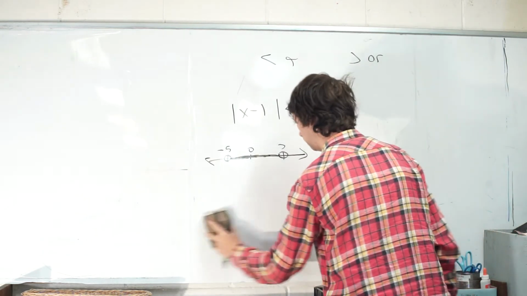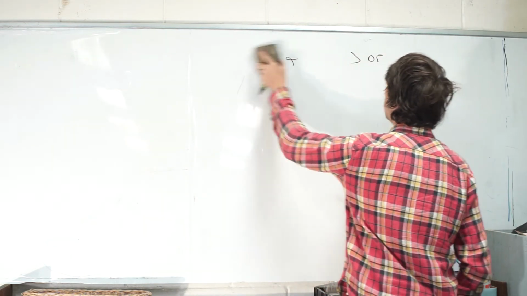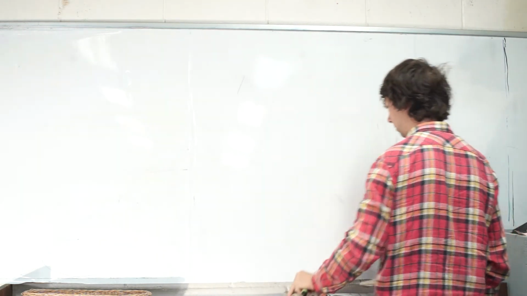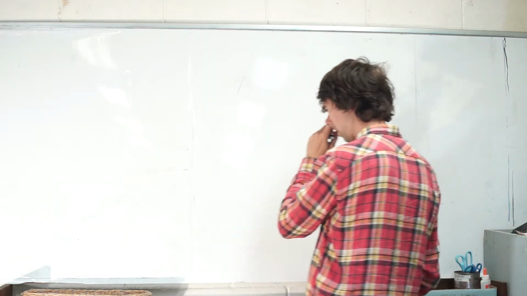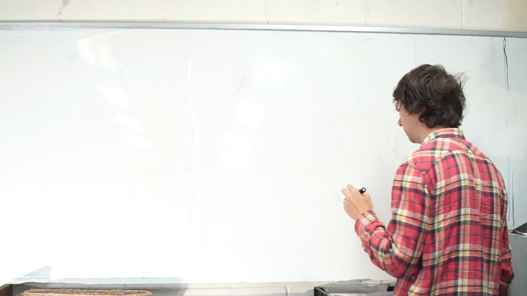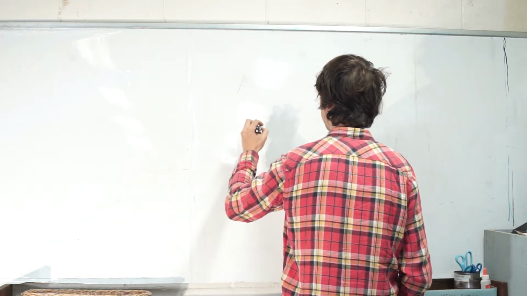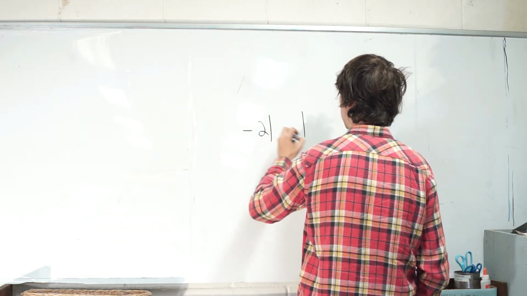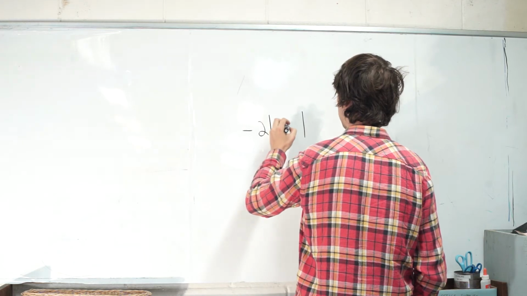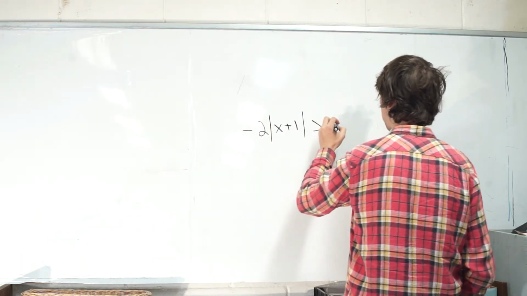Okay? Now, that's all pretty straightforward. I think if you remember how to solve your absolute value equations, solving your absolute value inequalities should be basically identical. The caveat here is that when you get more complicated equations, and I don't think I'll assign too many of these, it can be tricky to keep track of the direction of the inequality.